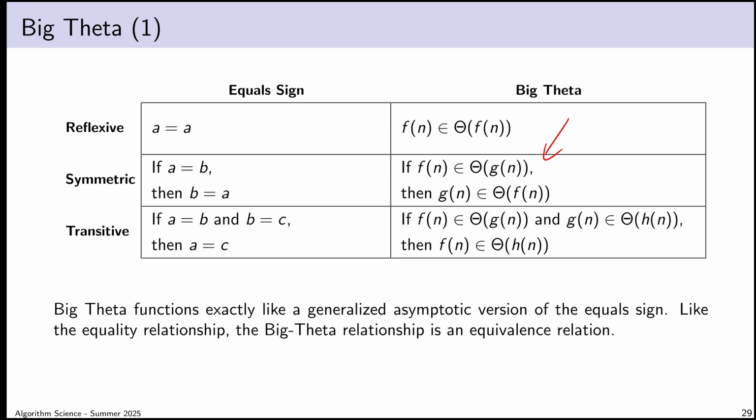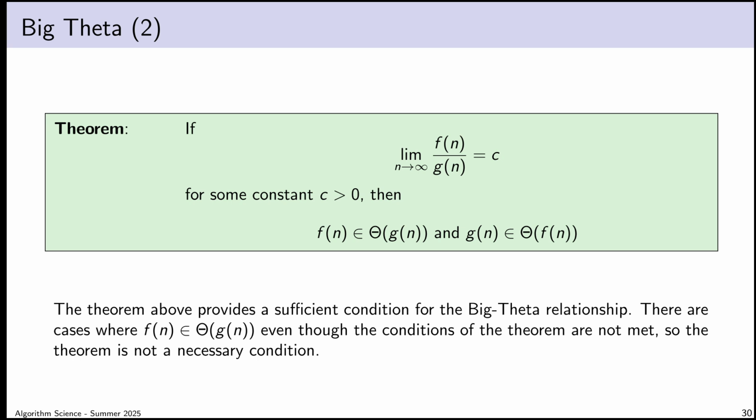If I had understood at the time that big theta was like an equal sign, it would have made it a lot easier for me to play around with the concept mentally, to think about what that means. So think about that. It is formally correct that big theta behaves like an equal sign. It has the same relationships as equal signs do. So think of it that way. It may make your life easier.